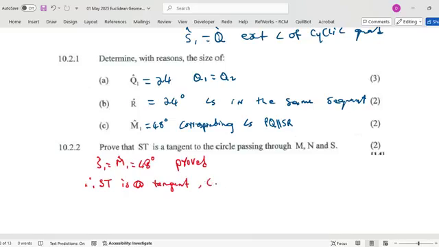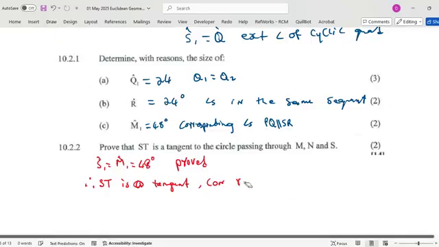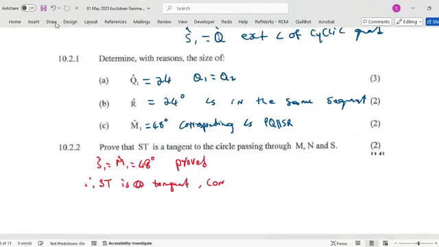Because of the converse of tan chord theorem. Converse of tan chord theorem. Sorry for the writings there, guys. I can see that I'm messing up, so to avoid that, let me write clearly.